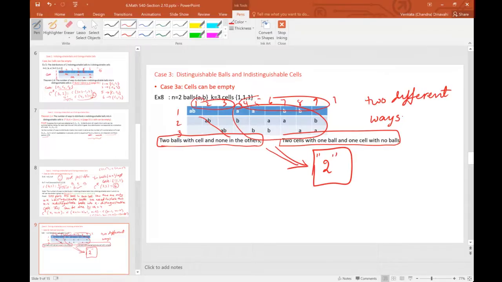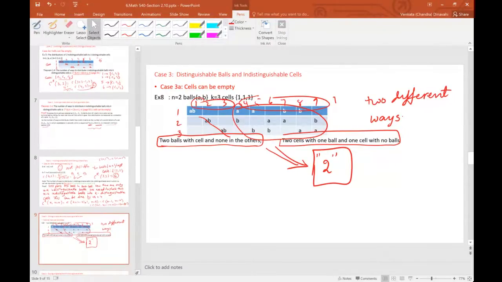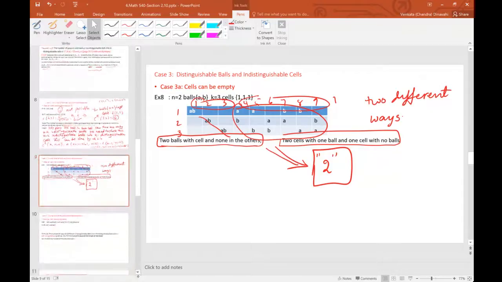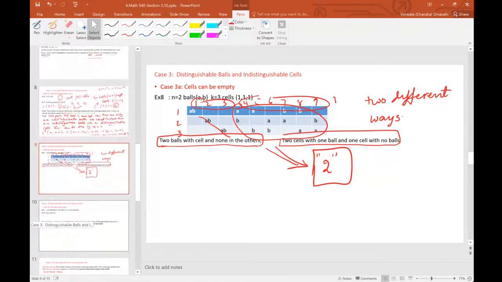Is there a general formula for this? Yes, there is one. I will come to that in the next slide after covering case 3b. So in case 3a, my cells can be empty.